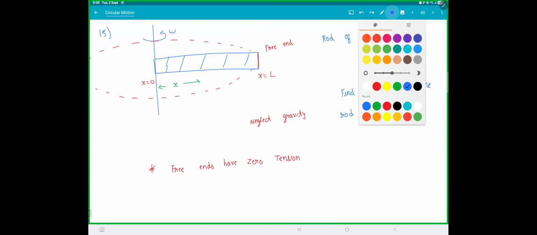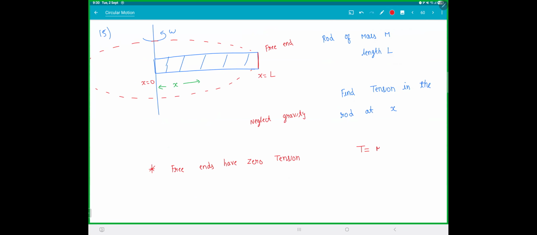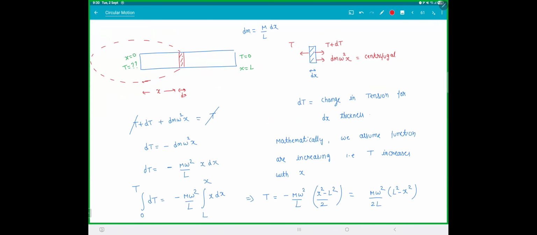It's a pretty good result. Check it out. We have mathematically assumed that the tension increases with x, right?